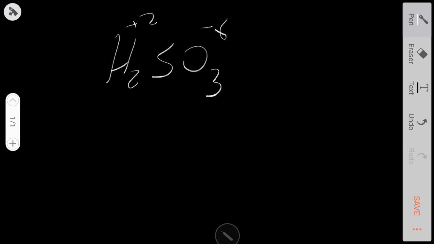Okay, let's say I have sulfurous acid, and I wanted you to tell me what is the oxidation number for sulfur. So sulfurous acid is H2SO3, as I'm sure you guys all remember. So hydrogens, each one's +1, that's going to give me a total of +2. Oxygen is -6 because I have 3 of them and each one is -2. So what can sulfur be?